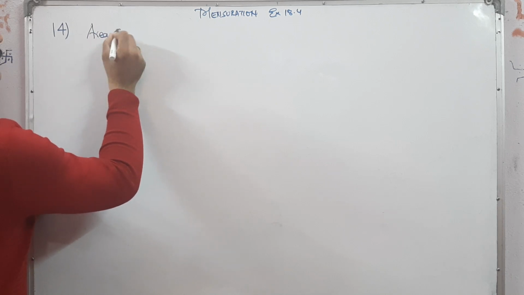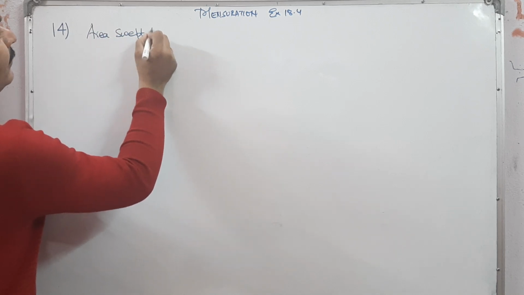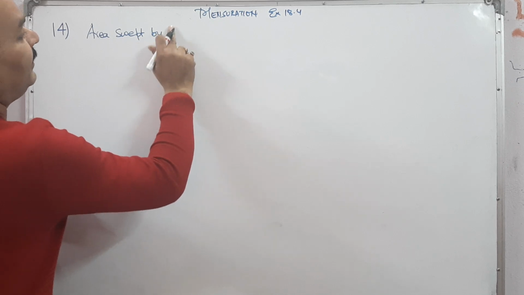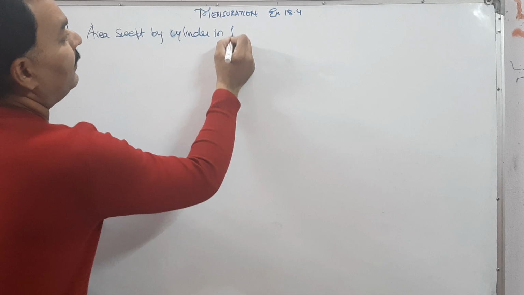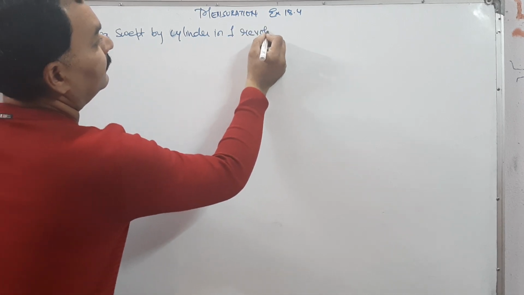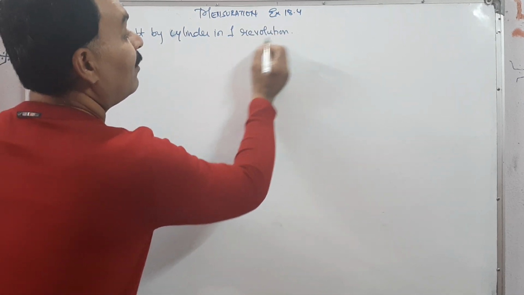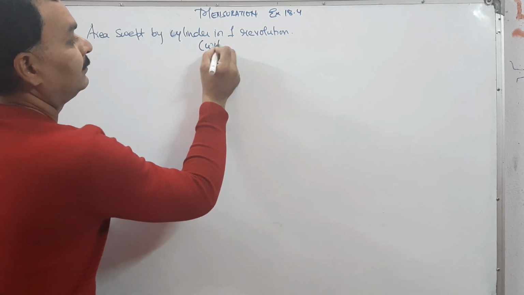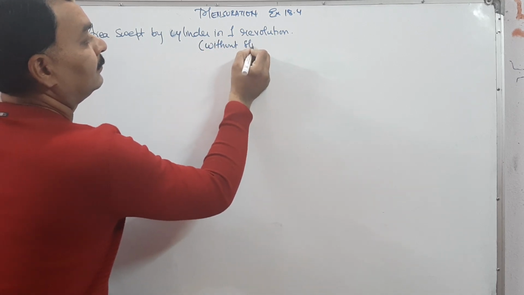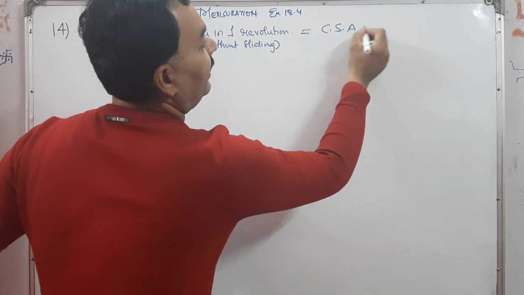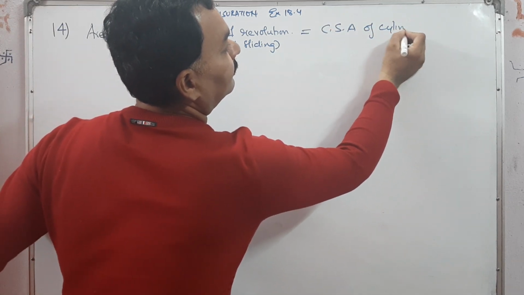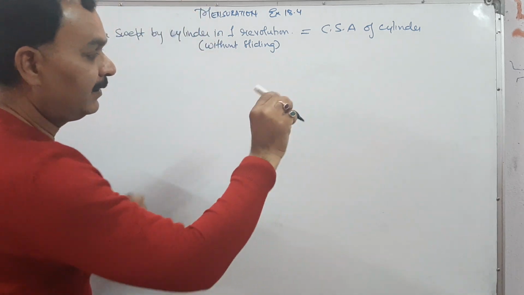Okay, the area swept by a cylinder in one revolution without sliding is given by the curved surface area of the cylinder. Say this is a cylinder.